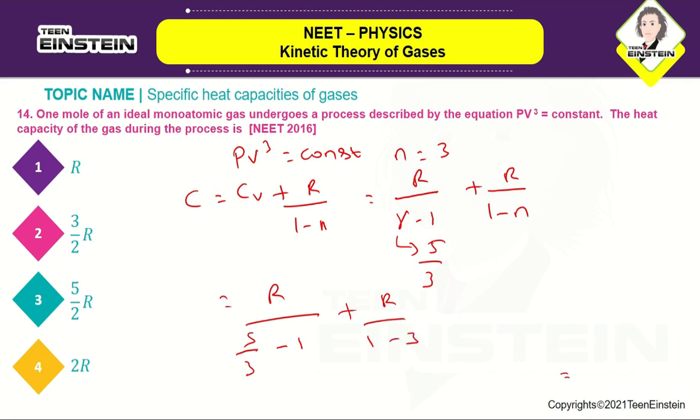So if you solve this, the first term becomes 3R by 2, and here you will be having minus R by 2. So when you solve this, you will be getting the answer as C is equal to R. So the correct answer is option number 1.